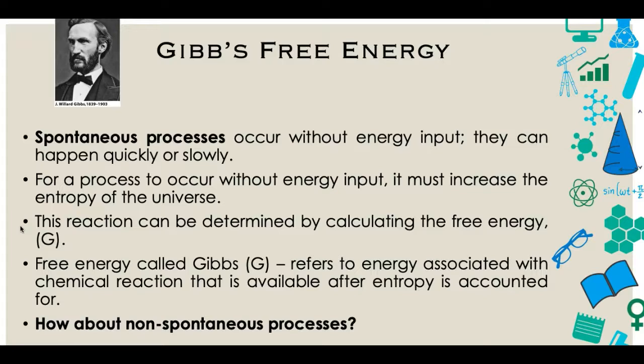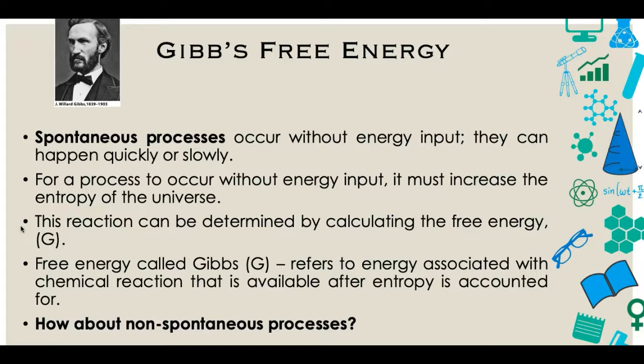They can happen quickly or slowly. For a process to occur without energy input, it must increase the entropy of the universe. This can be determined by calculating the free energy, usually represented by G. Free energy, called Gibbs, refers to energy associated with a chemical reaction that is available after entropy is accounted for.